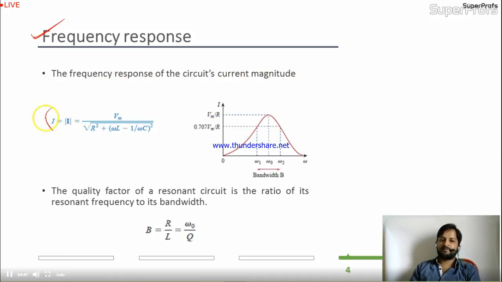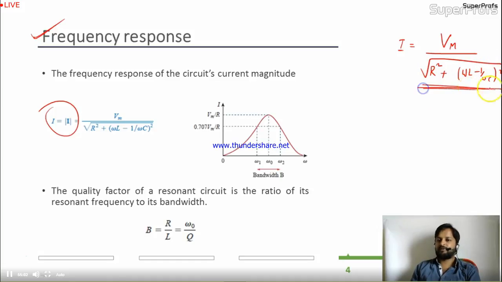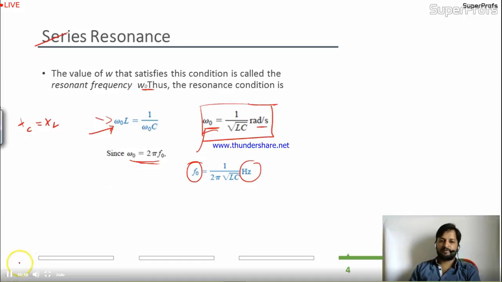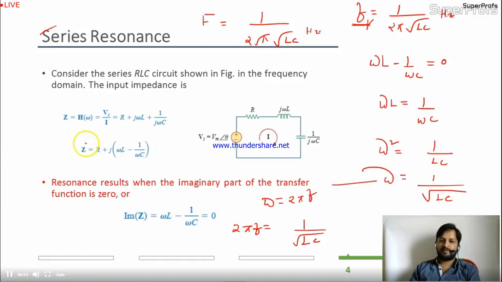See, the current is given over here. The current will be the input voltage Vm divided by the square root of R squared plus (omega L minus 1 by omega C) whole squared. Because this is the magnitude of the impedance. Please don't confuse yourself; we have seen the impedance earlier.